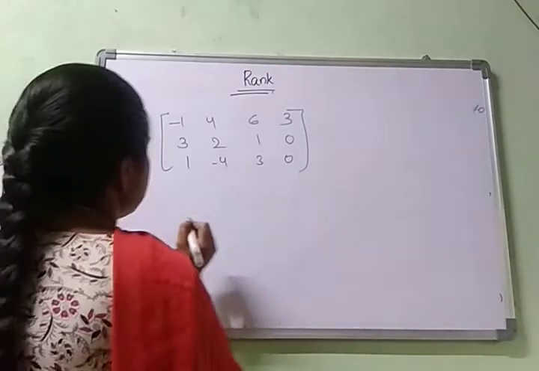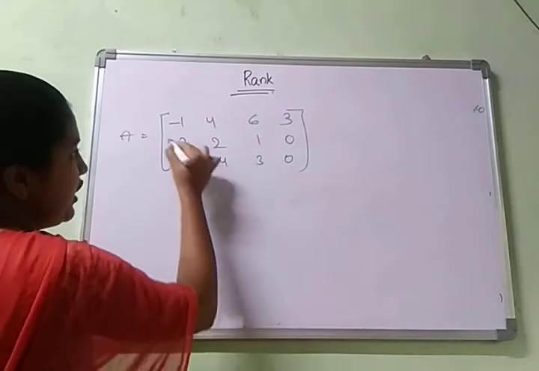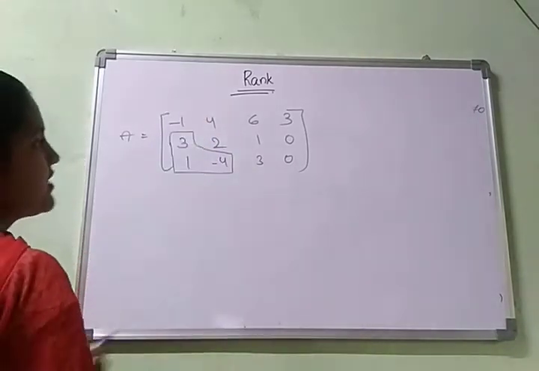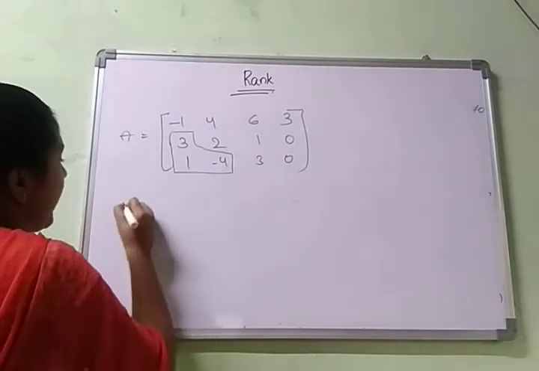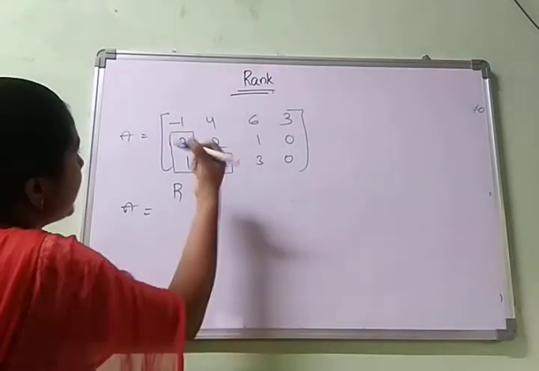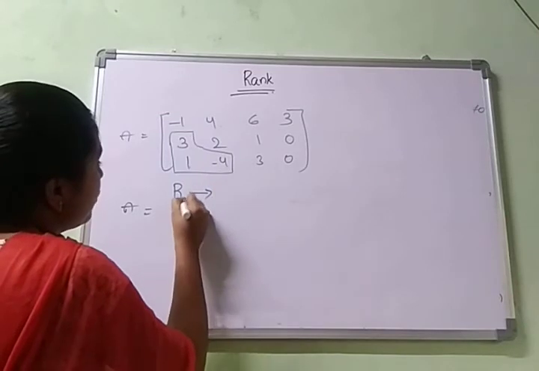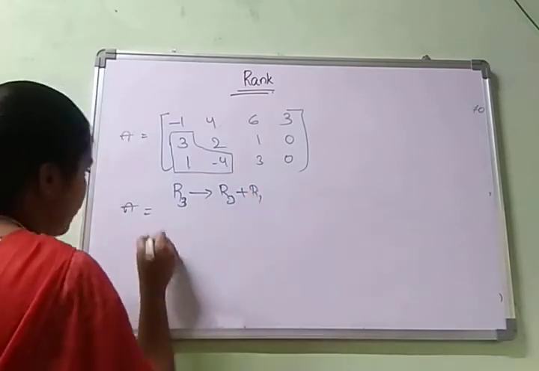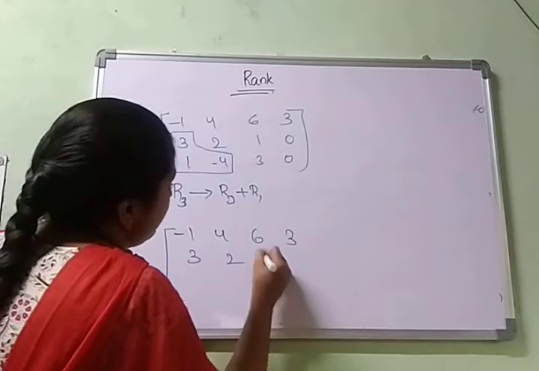For this, we need to make these elements zeros. Here, row 3 implies row 3 plus row 1, therefore we get minus 1 4 6 3, 3 2 1 0.